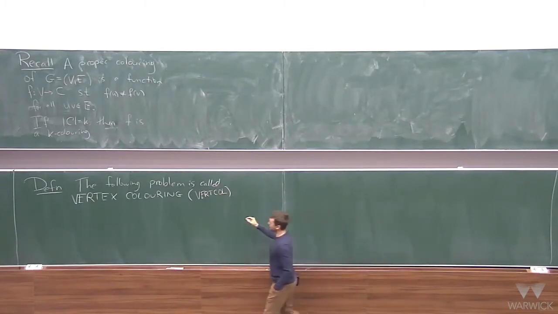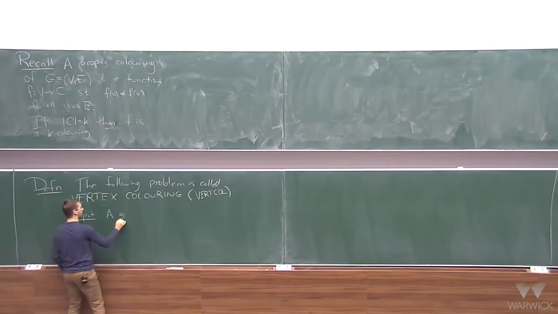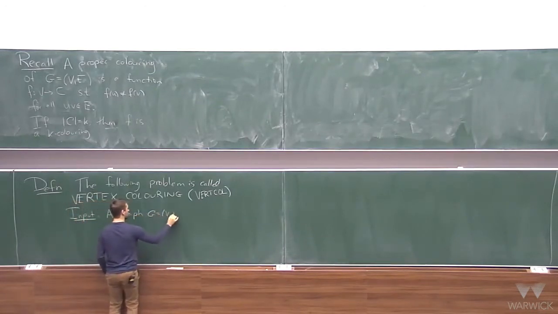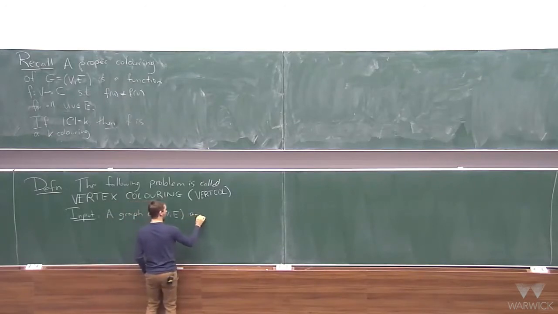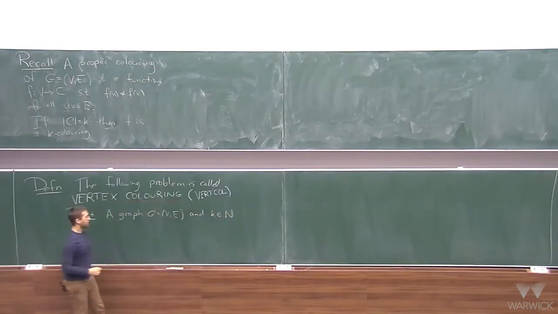The input is a graph and an integer K. And the thing you're trying to answer is whether this graph has a proper K coloring.